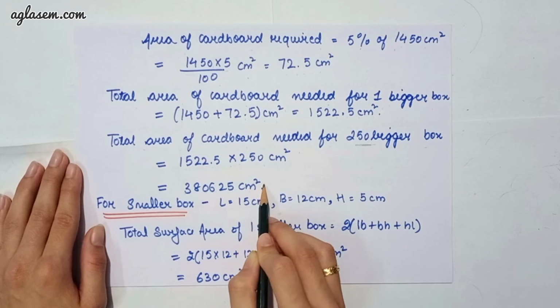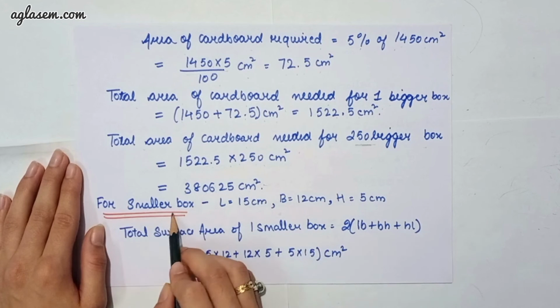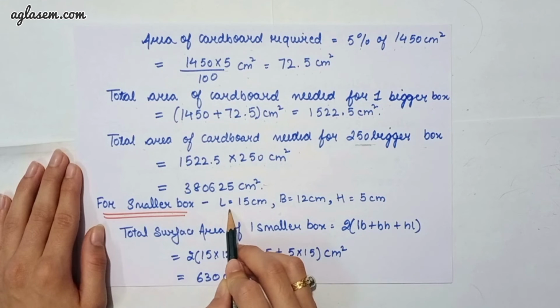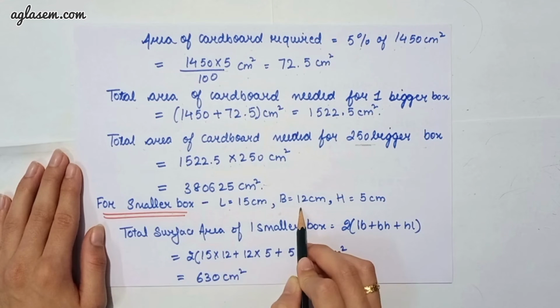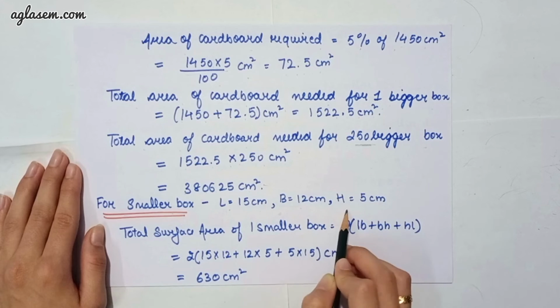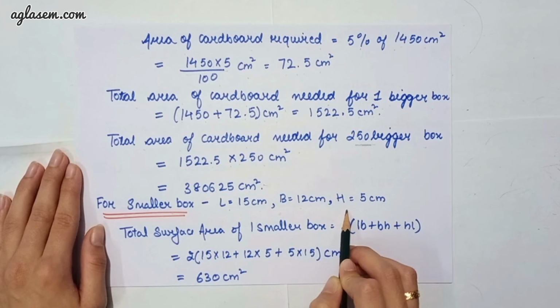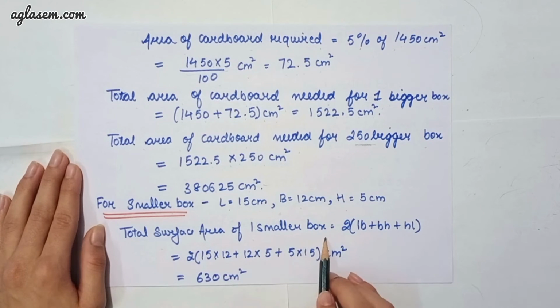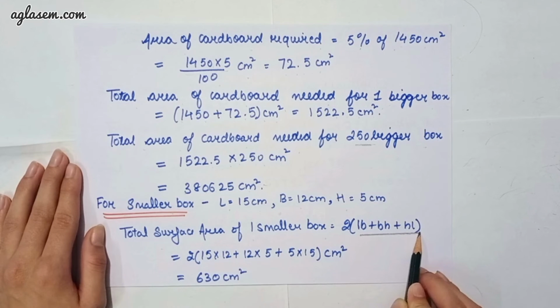380,625 centimeter square. Now we have to find for the smaller box, the length is given to us, that is 15 centimeter, breadth is given, that is 12 centimeter, height is given, that is 5 centimeter. So total surface area of one smaller box, we can find it by applying this formula, that is 2 into LB plus BH plus HL. By applying the values, we will get 630 centimeter square.